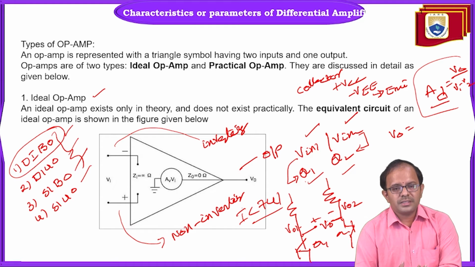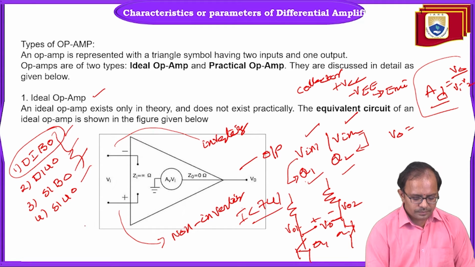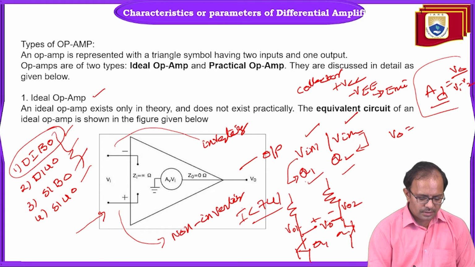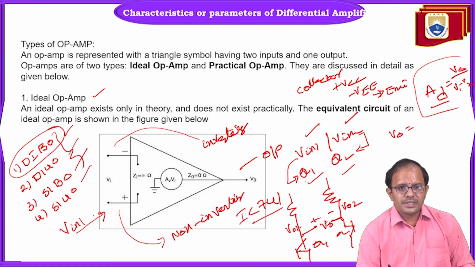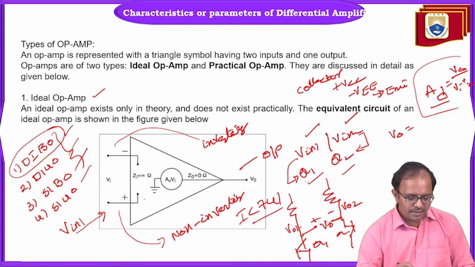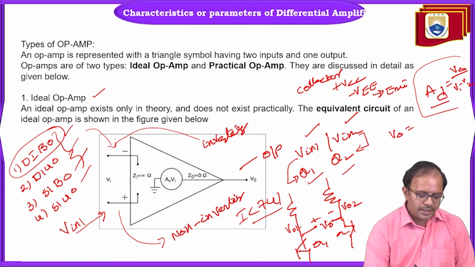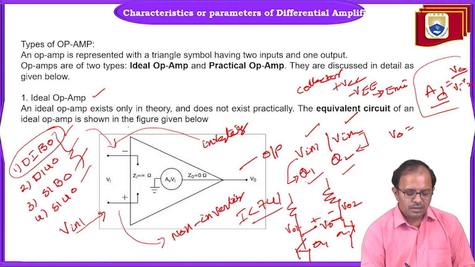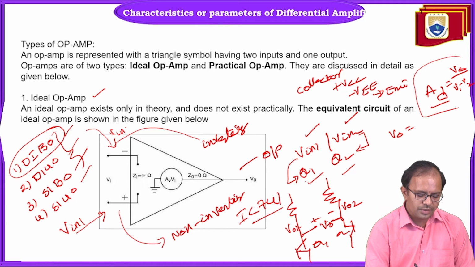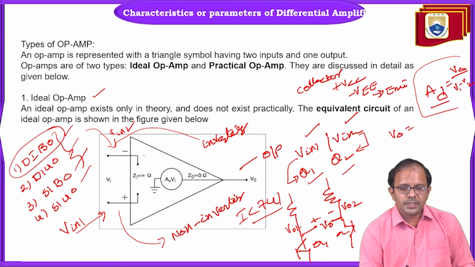The input signal applied to the non-inverting terminal, let us say Vin1, will have a polarity of plus. Similarly, the input applied to the inverting terminal, let us say Vin2, will have a polarity of minus.